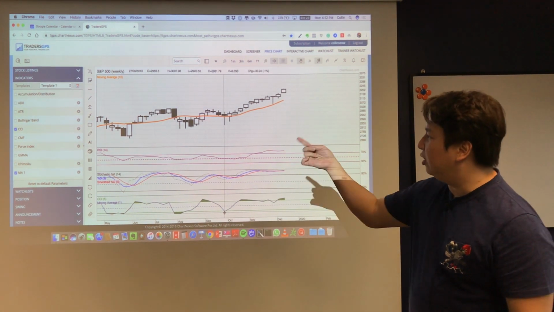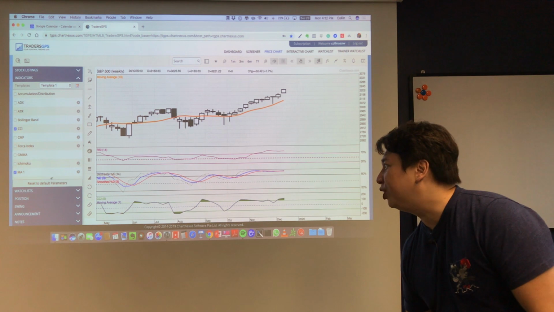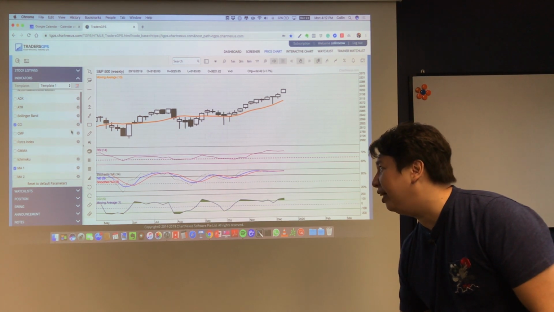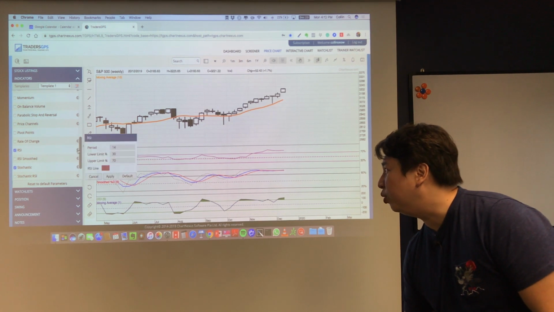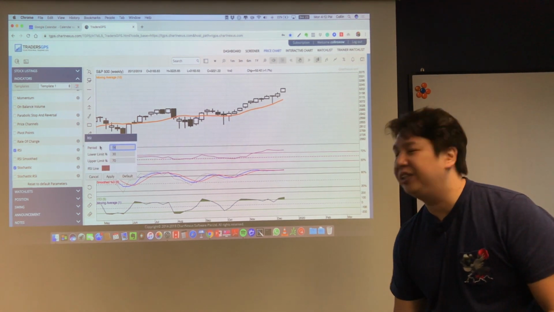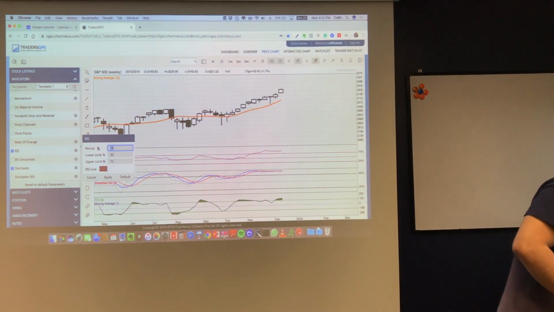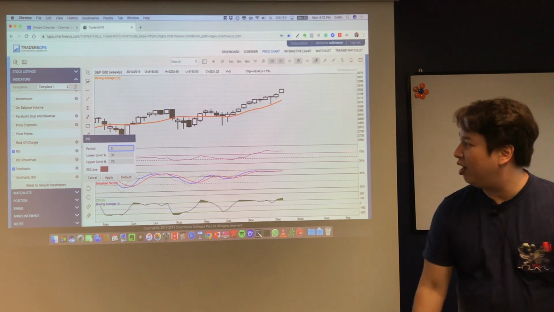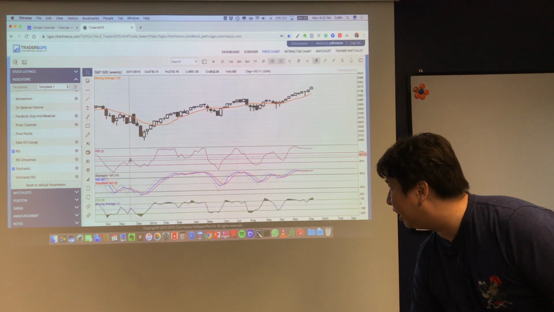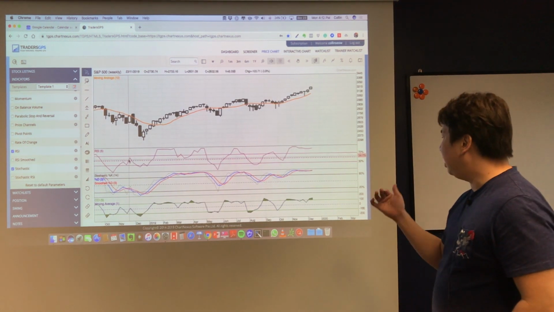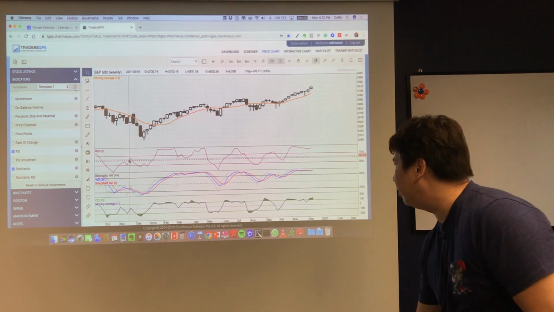Even when I use, for example, RSI and change the parameters to 5, it will not give me the exact result. Sometimes it will, sometimes it will not give me the result.